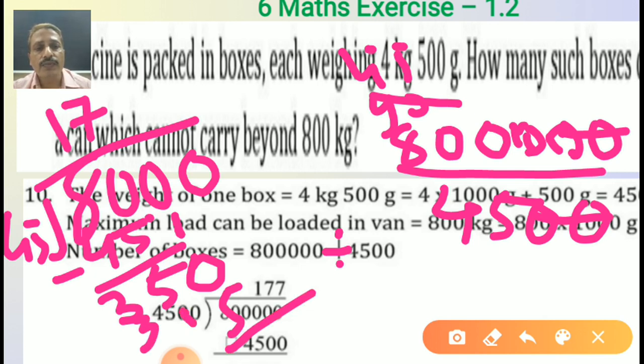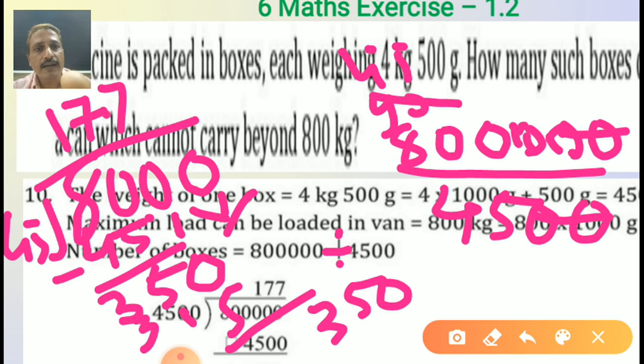Now subtract. 0 minus 5 not possible, that means 10 minus 5 is 5. 4 minus 1 is 3. And 3 minus 3 is 0. Now again this 0 has to come down, that gives you 315. That means a 7. Then what is left now? 315 minus 315, there is 15 left.